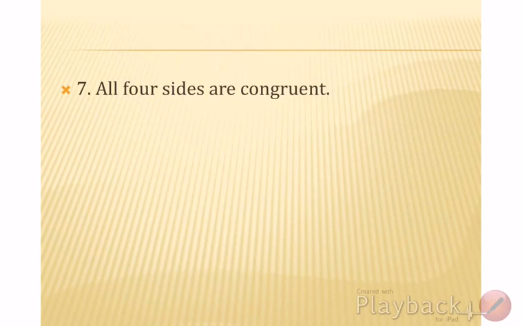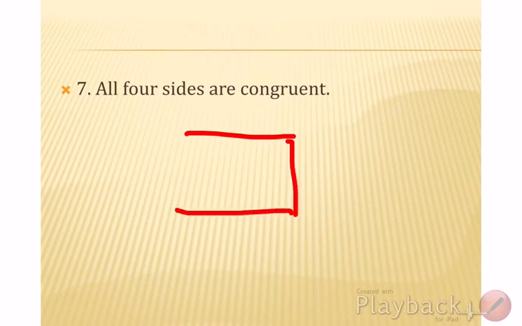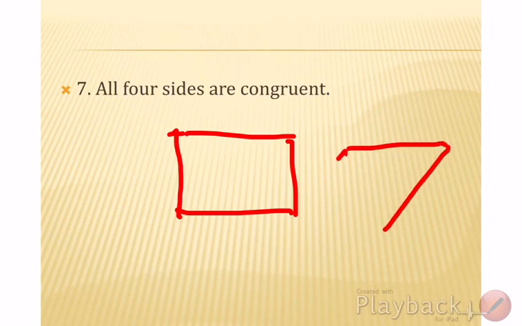Now this is pretty obvious. All four sides are congruent. By definition, that's a square if it looks like that, or we're going to find out what it's called when it looks like that, when all four sides are congruent. Turns out they're still parallel.